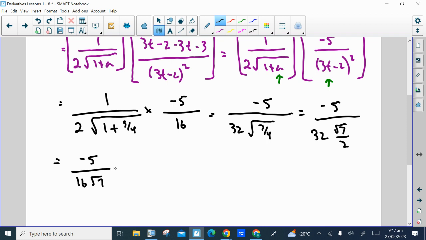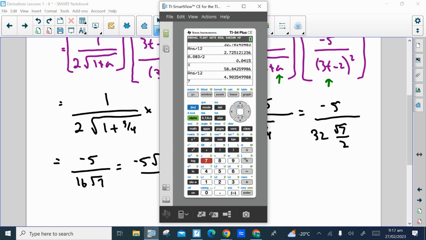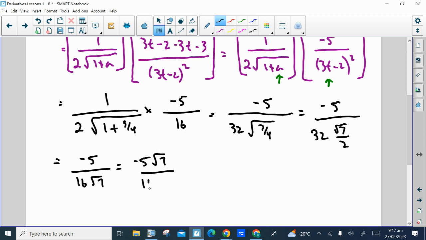And if I rationalize that, it'll be negative 5 root 7 over, on the bottom, root 7 times root 7 is 7. And 7 times 16, I apologize, is 112. So there's your answer. There's the value of dy by dt at the moment when t equals 2.